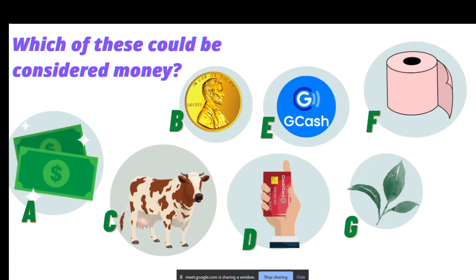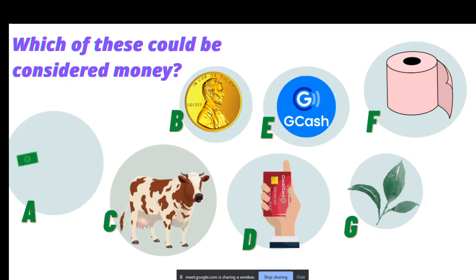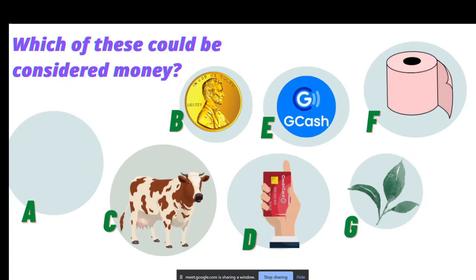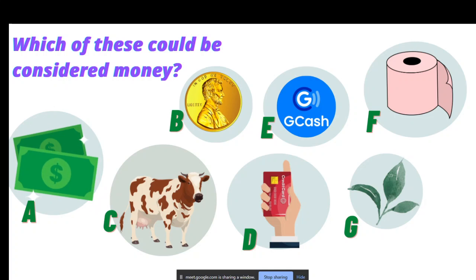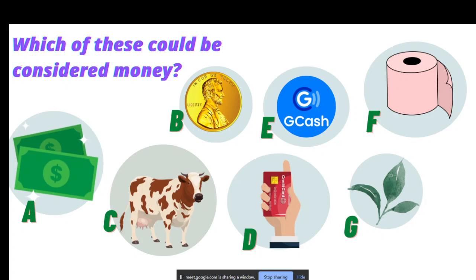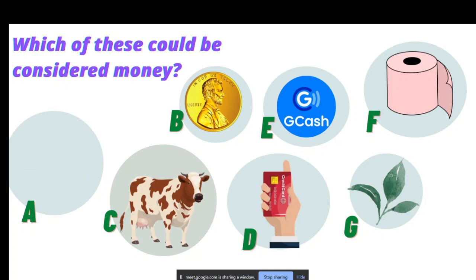So do you agree with Chloe that among all these 7 choices, only F and G could not be considered money? Meron pa ba dito magsasabi na yung cow is considered money or not? Sige. I'll ask Ariana. Ariana, could a cow be considered money? Pwede bang ma-consider na money yung cow?